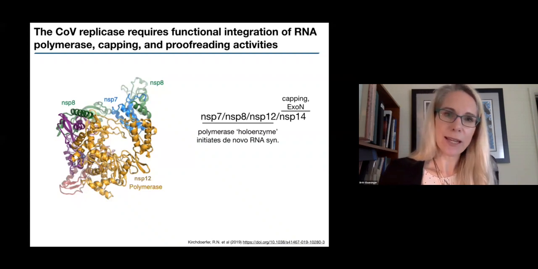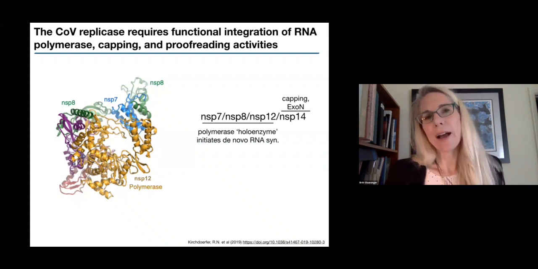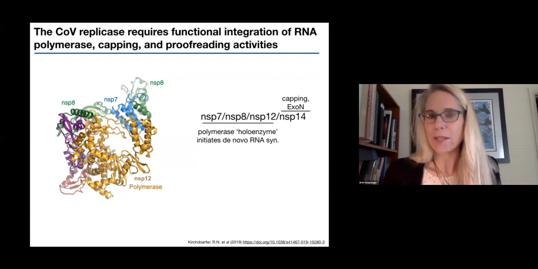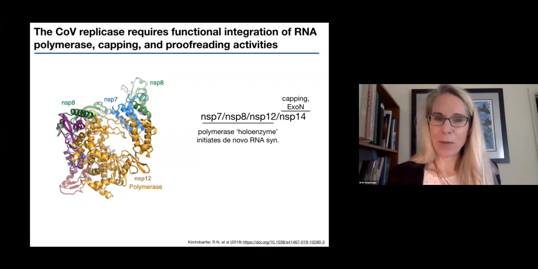And the discovery of this activity was really paradigm shifting for thinking about how these viruses exist at all, given the size of their genomes, and how RNA-dependent RNA polymerases function. Because until the discovery of this proofreading activity, the dogma in the field, of course, is that RNA-dependent RNA polymerases do not proofread.